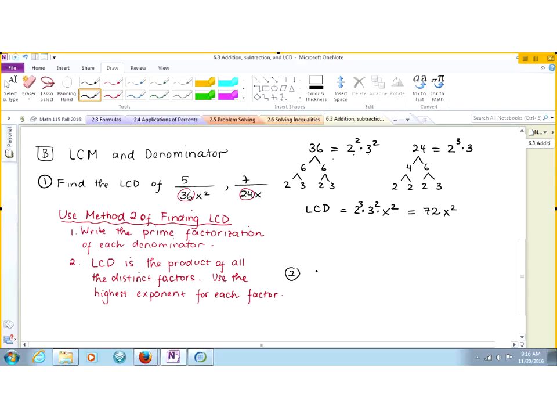What about if I have 1 over 12x squared y cubed z, and then 3 over 20 x y to the 4th z squared. I want to find the LCD. Well, that's not hard.